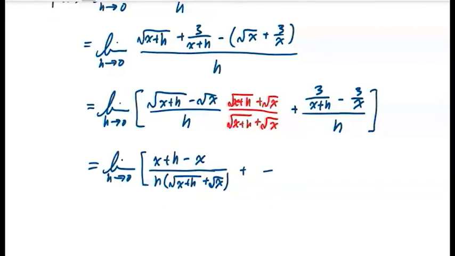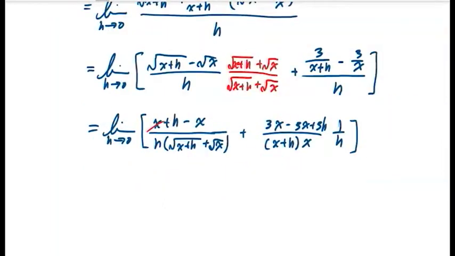For the second one, we find the common denominator. So we have 3x minus 3x plus 3h, and then we multiply by the reciprocal of h. Let's cancel stuff. This cancels that, and then h cancels. And this cancels that, and those h's cancel.